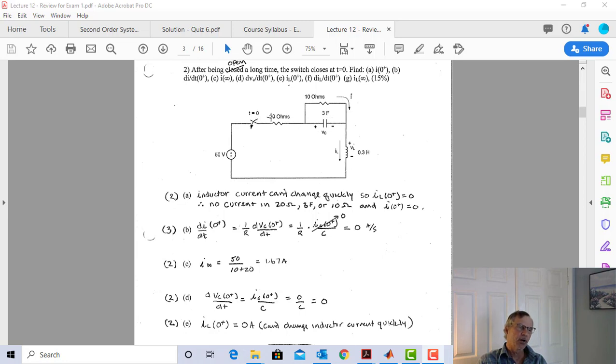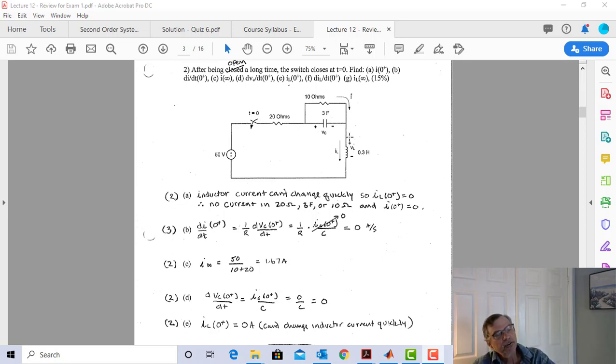There's no current all the way through here at t equals 0 plus. Since there's no current, there's no voltage drop. So I have 50 volts here, and I'm going to have 50 volts here. Again, the way I like to think of this is since there's no current through this path, the voltage of all these components goes boink up to 50 volts.